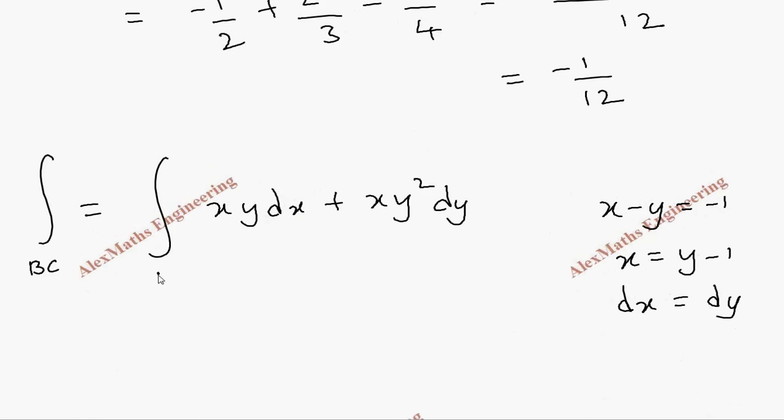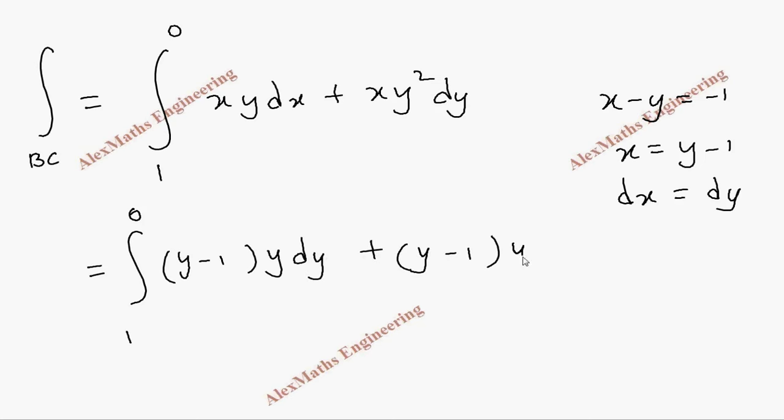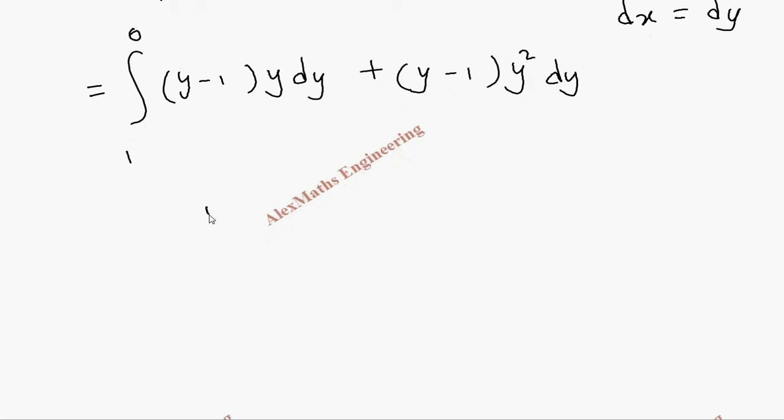So we have to take 1 to 0 and I have to replace every x and dx. So integral 1 to 0, x is y minus 1 into y dy, plus x is y minus 1 into y square dy. Now this is y square minus y, and this is plus y cube minus y square into dy.